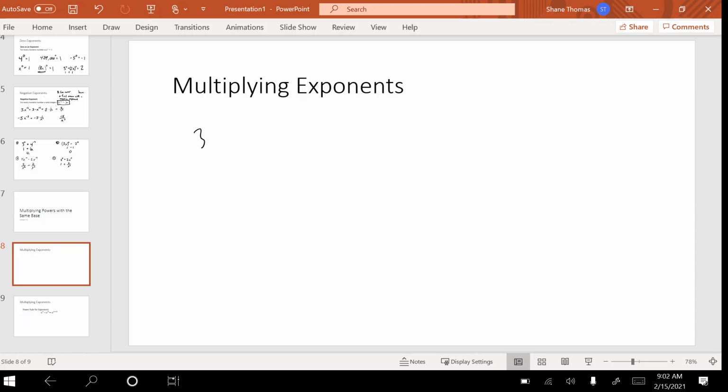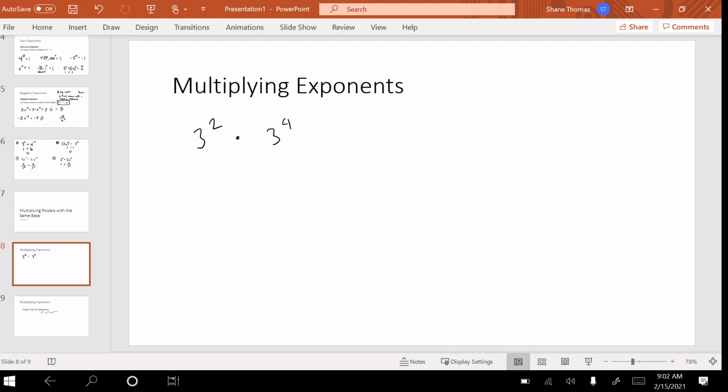I'm just going to write this up here: 3 squared times 3 to the 4th. Right now I have the same base on both of those, but 2 different exponents, right? What does 3 squared mean to us? If you were going to explain it to someone, how would you explain it? Every number is multiplied by 3.